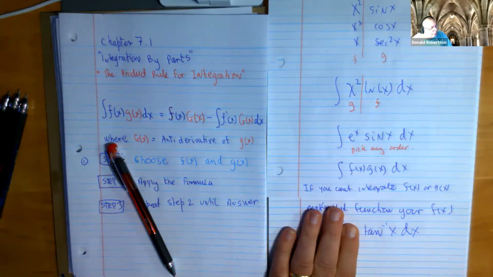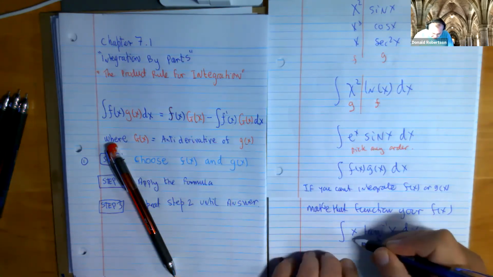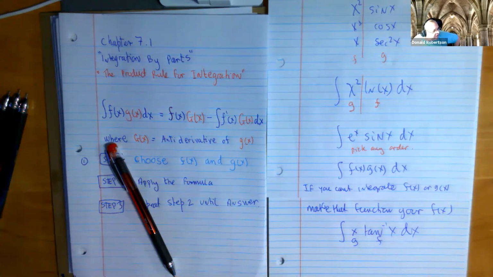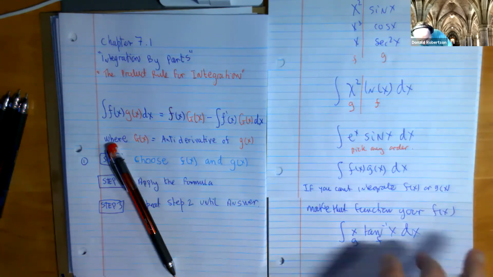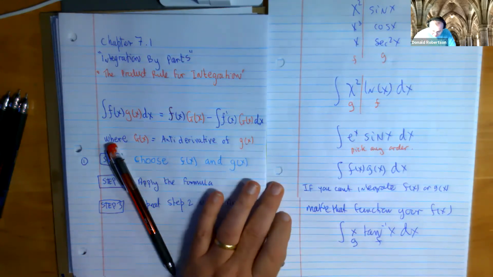You might be saying 1 over 1 plus x squared. That's not the integral, that's the derivative. So make that your f, make the other your g. You see how that's going to work? It's a general rule. If you're multiplying two things, one of them's going to be f, the other's going to be g. If you can't integrate one, then make that the function, your f of x.